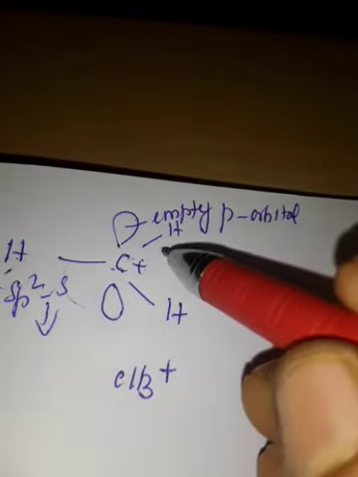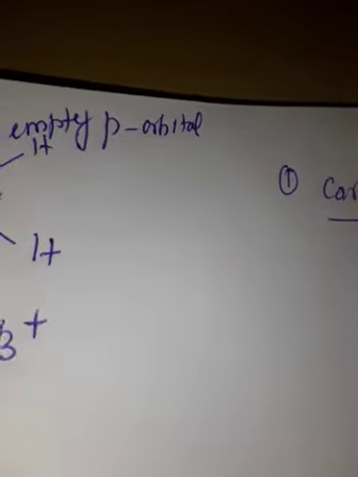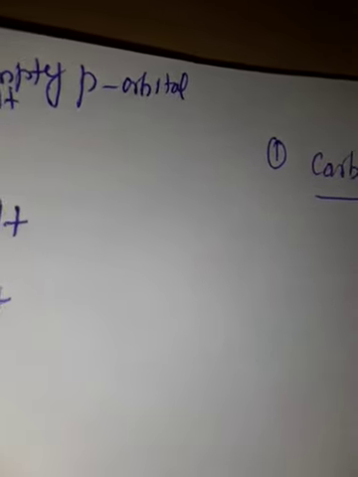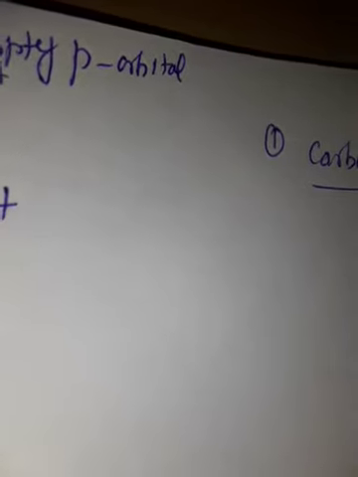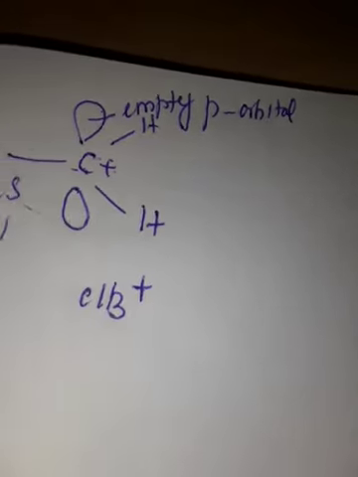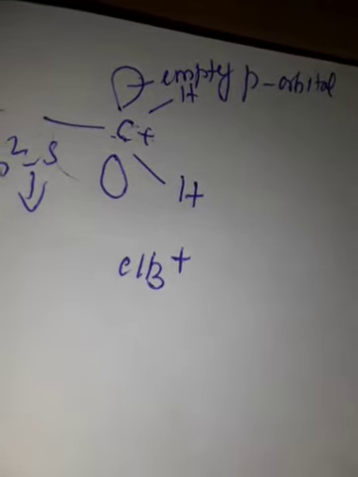Here a nucleophile. What is meant by a nucleophile? A nucleophile is a negatively charged species. All Lewis bases are nucleophiles. Nucleophiles are the reagents which have high affinity for electropositive centers.